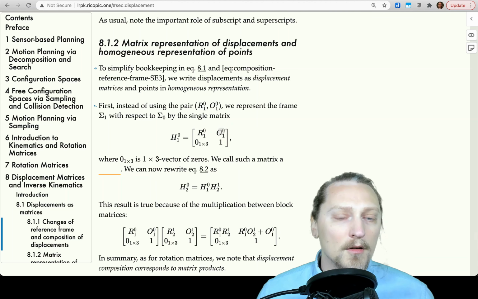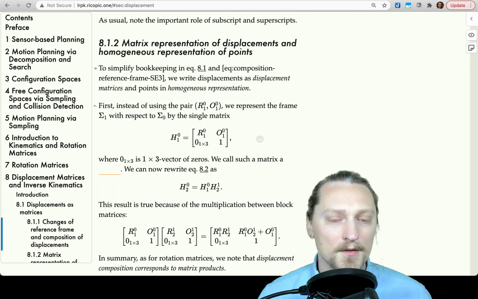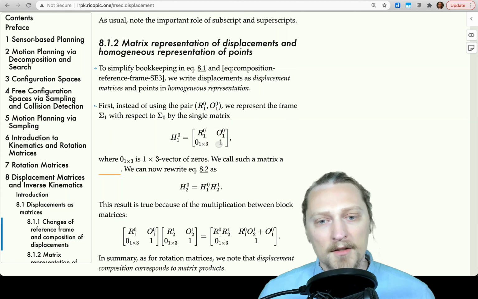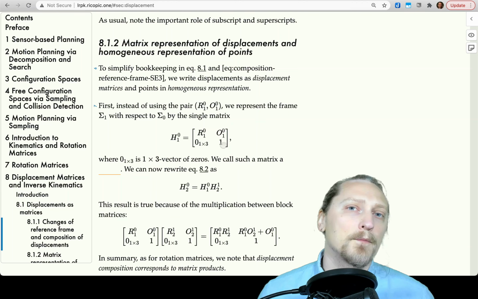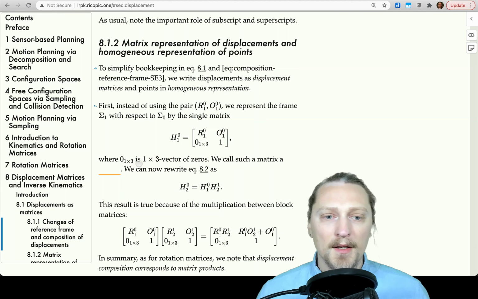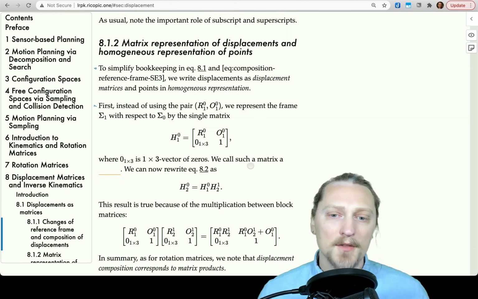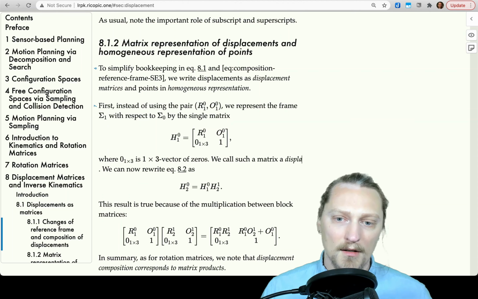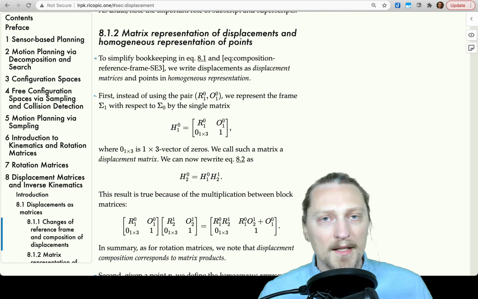We have the point O1 with respect to 0, so this is the origin relationship, and a 0 vector and a 1 down there. Okay, so this will be our representation, where 0 1 by 3 is a 1 by 3 vector of zeros. We call such a matrix a displacement matrix. So it's a displacement in rotation and translation.